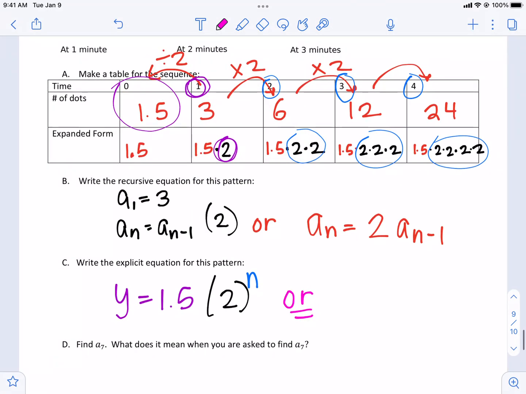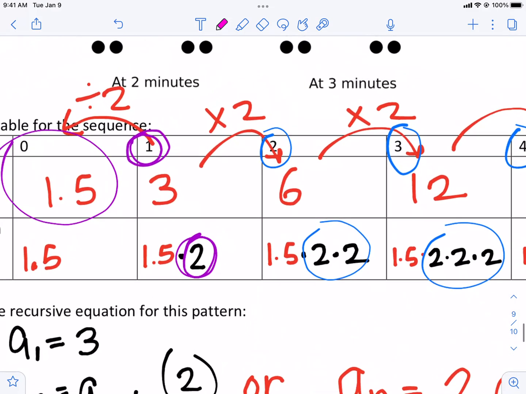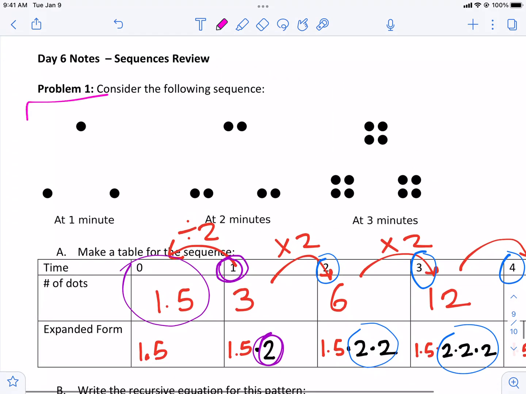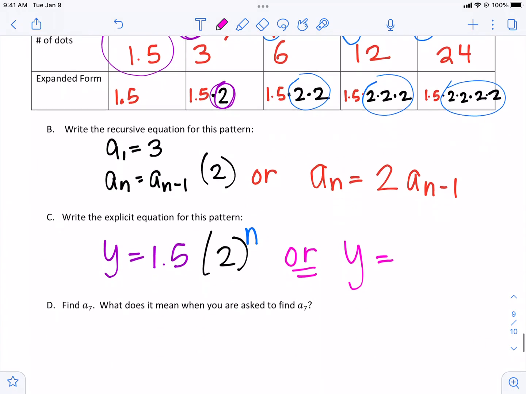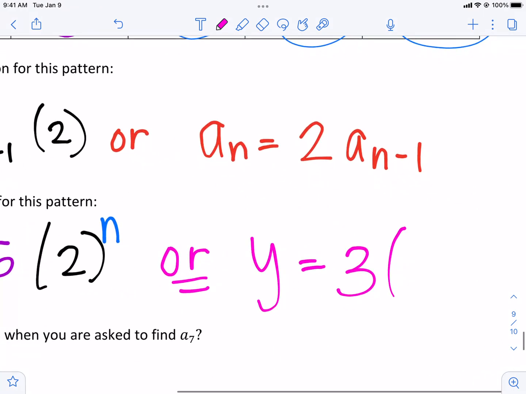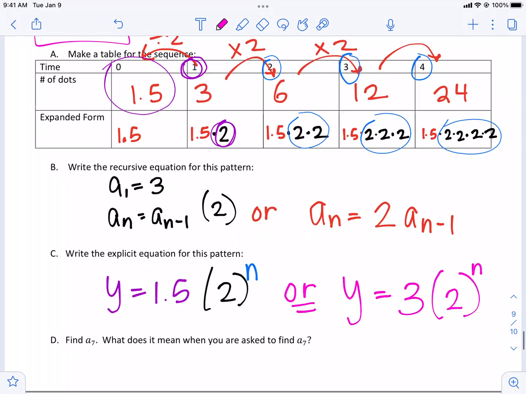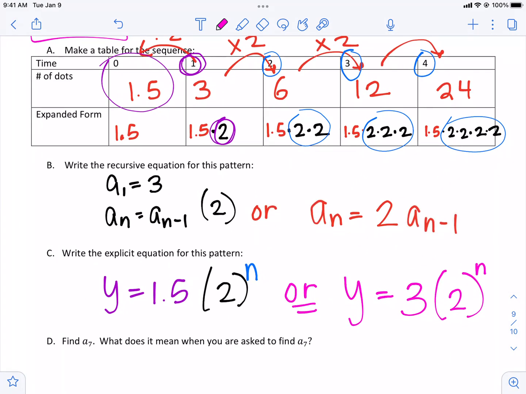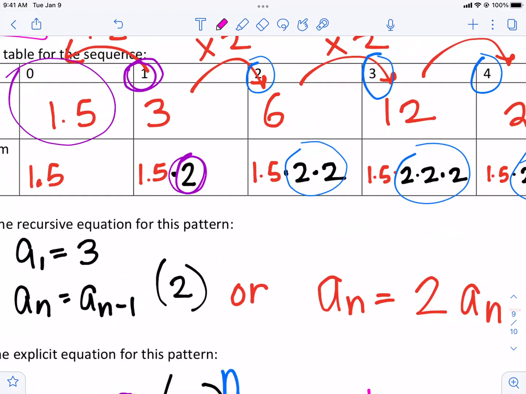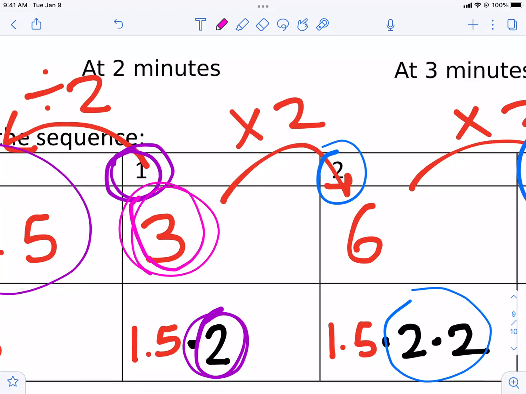Or you can start at the first term, because really here we can see the first term there's 3 dots. So there's 3 dots first, and we're going to double it. But if you notice, it can't be n anymore, because if we're starting at 3, when we plug in a 1, we want to get the 3.